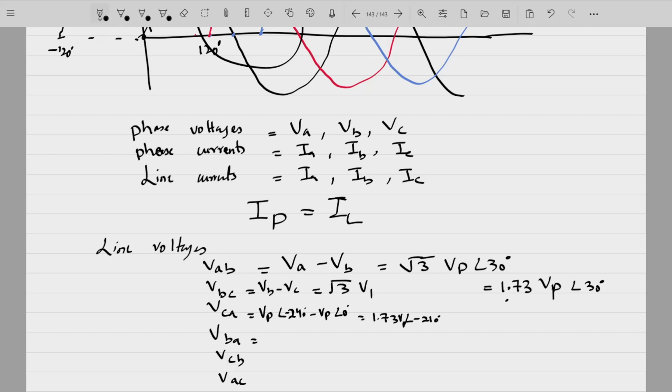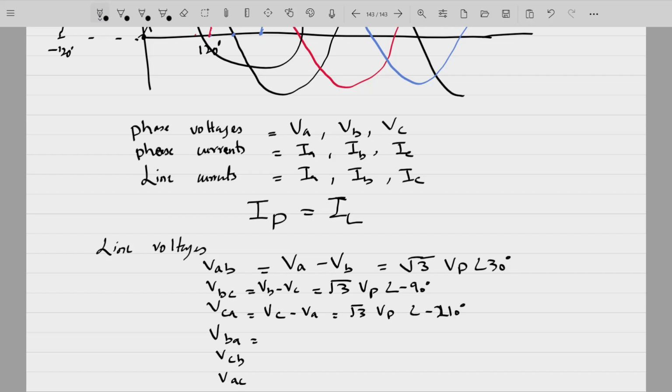VBC is root 3 VP angle minus 90 degrees. VCA is VC minus VA, that will come out to be root 3 VP angle minus 210 degrees.